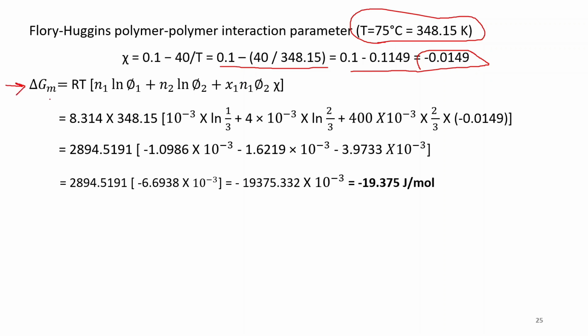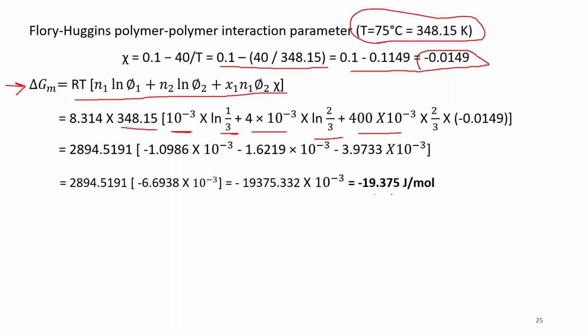We can apply the formula of the Gibbs free energy change of mixing as this, where R is 8.314, temperature is 75 degrees Celsius or 348.15 K, multiplied by N1, which is 10 to the power minus 3, into ln phi 1, which we calculated as 1 by 3, plus N2, which is 4 into 10 to the power minus 3, multiplied by ln phi 2, which is 2 by 3, and then x1, which is 400, multiplied by N1, which is 10 to the power minus 3, into phi 2, which is 2 by 3, multiplied by chi, which is minus 0.0149.